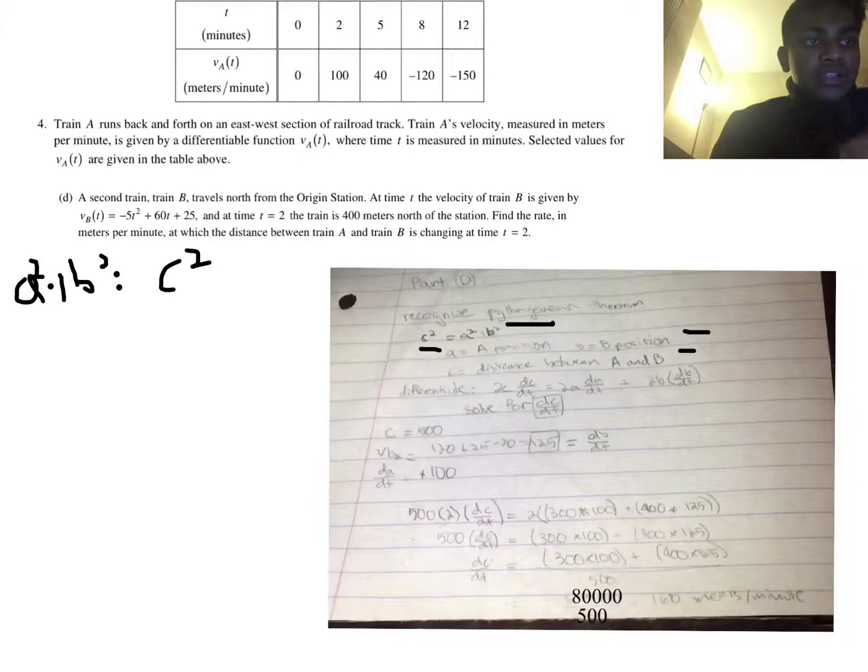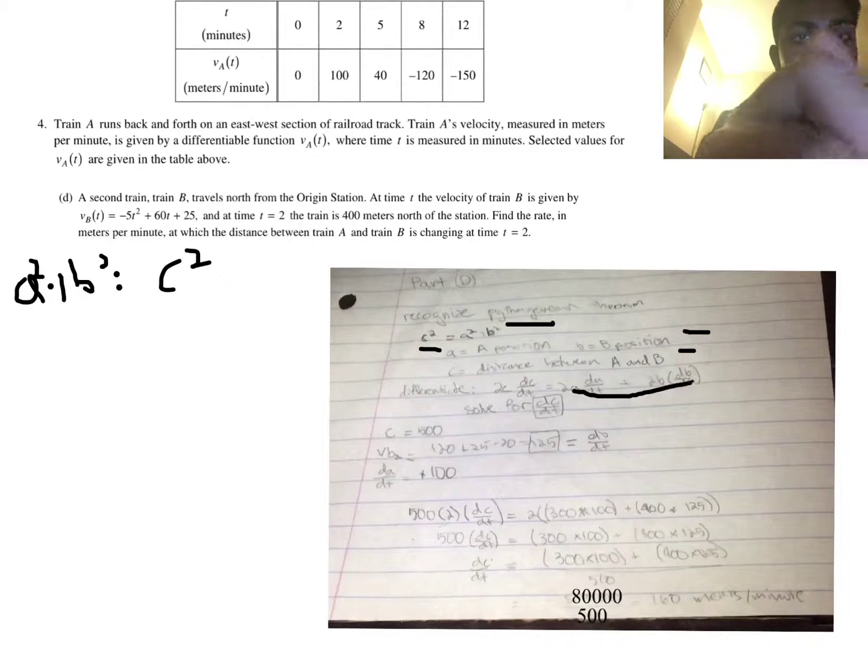So we differentiate the Pythagorean theorem, and we get 2c times dc over dt equals 2a times dA over dt plus 2b times dB over dt.